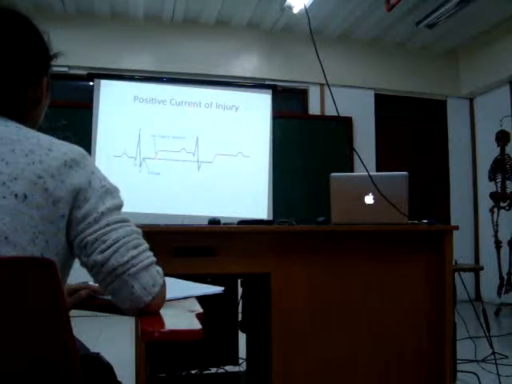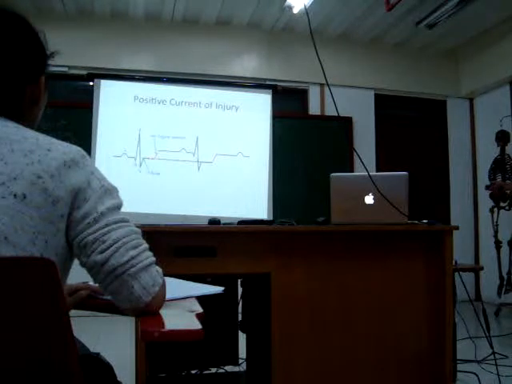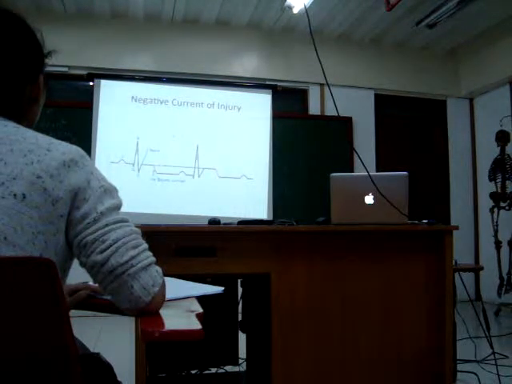The J point is the end point of the S wave that meets the isoelectric line. You have to look at the J point because it is the reference for whether the ST segment has risen or dropped. I'll discuss this later in the lecture; this is just to introduce you to it.